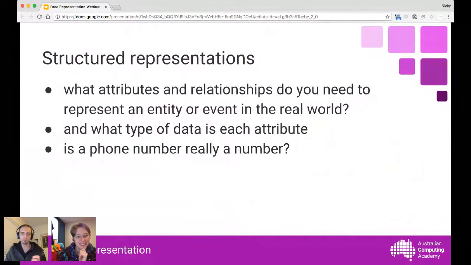But the reality is a phone number has a whole heap of extra stuff in it that are not numbers. It's got brackets, a whole heap of punctuation. It can have a plus if you're including the country code. You can format it with spaces or dashes or without. And so it turns out that a phone number is not really a number. And the nature of the data itself is what helps us choose the type that we're going to use to store that data.